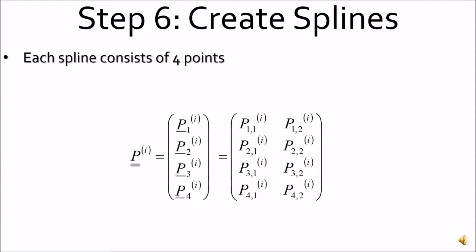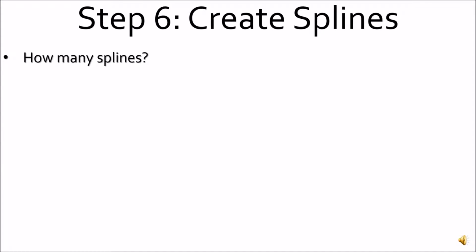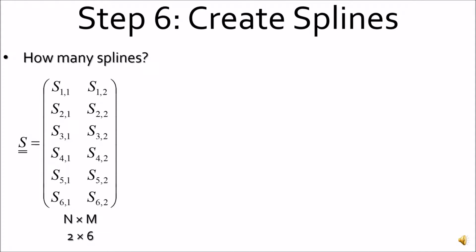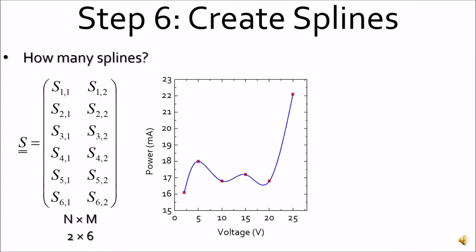Okay, so you notice we have a superscript here, I. Like I said, you need a spline between each pair of data points in your data. The question is, how many splines do we need? Well, the original data in our case is 6 elements, so we have 6 rows in our matrix, corresponding to the 6 data points we have.